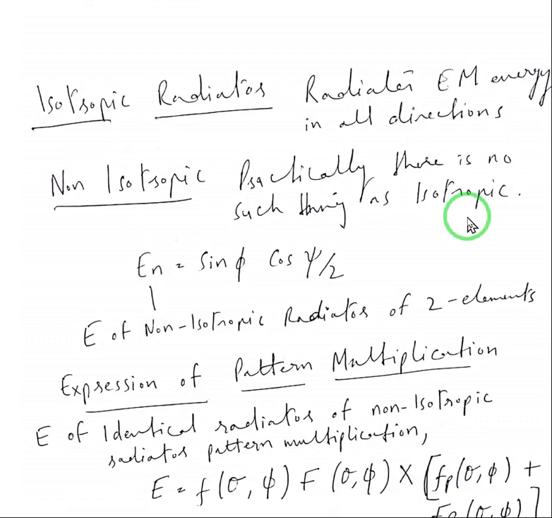As observed in the definition of isotropic radiator, it is true that an isotropic radiator does not exist.